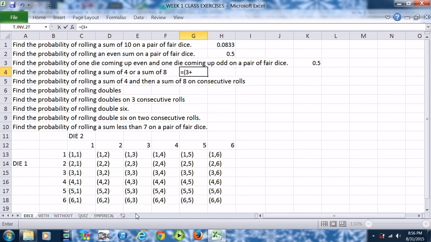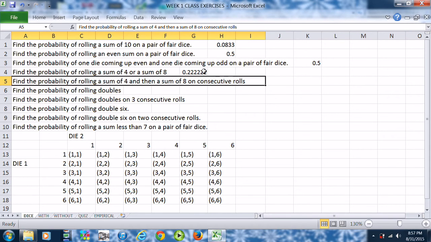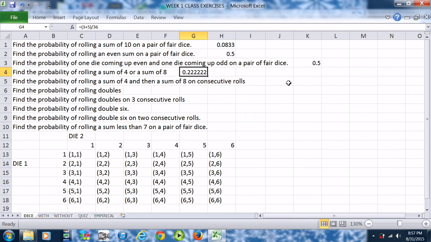Plus, to get a sum of 8, we have 6, 2, 5, 3, 4, 4, 3, 5, 2, 6. That's 1, 2, 3, 4, 5 ways to get a sum of 8. So a total of 3 plus 5 or 8 ways to get 4 or 8, and that is out of the 36 possible outcomes. So we get a probability of 0.2222 of getting a sum of 4 or a sum of 8.